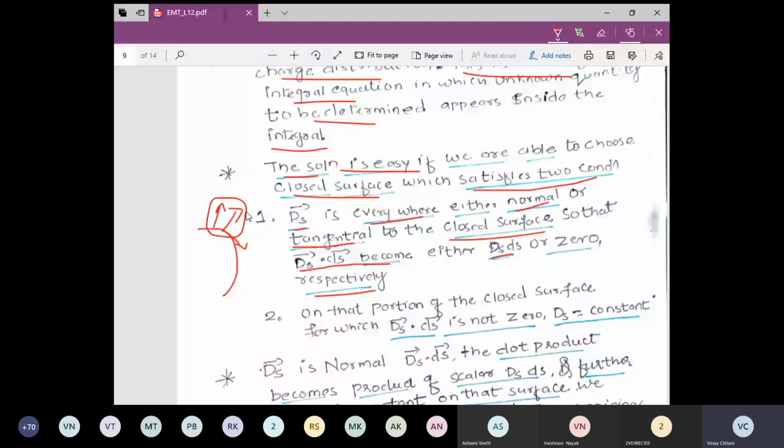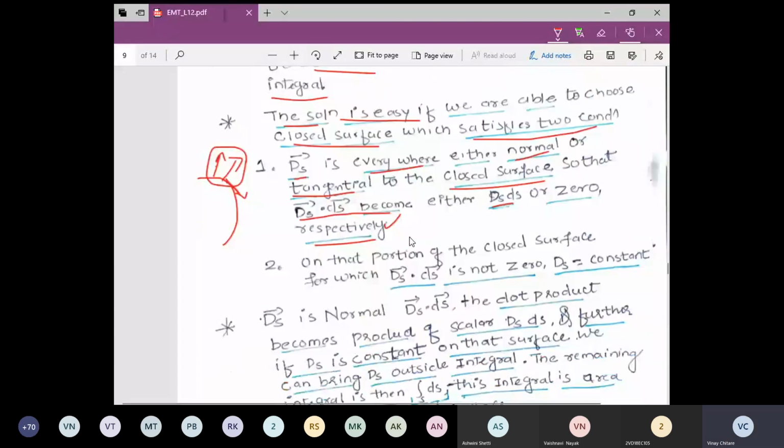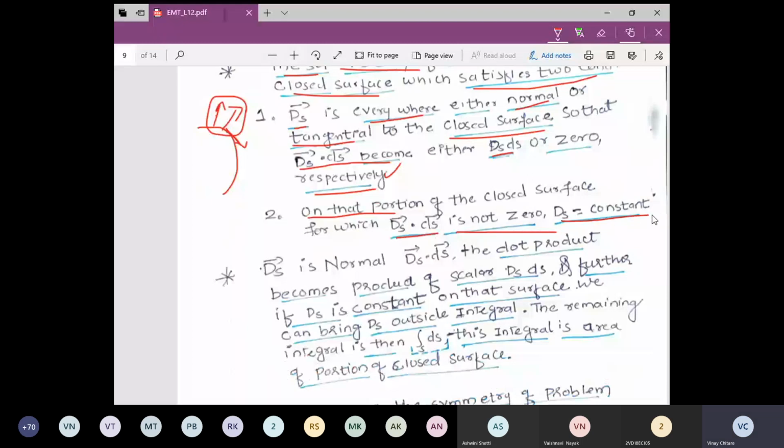If D is tangential, the two are perpendicular, and in that case it becomes 0. Next, on that portion of the closed surface for which D dot dS is not 0, D should be constant. So this is our requirement of a closed surface.